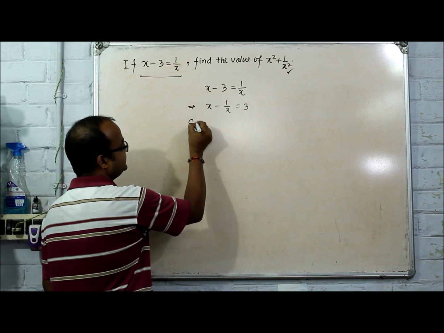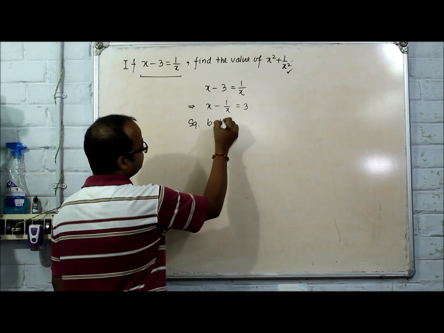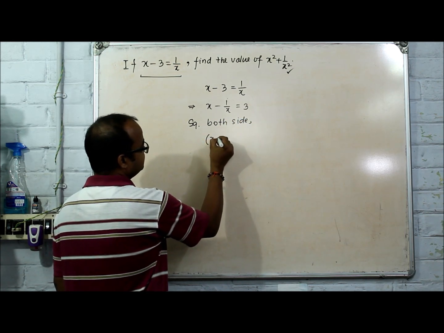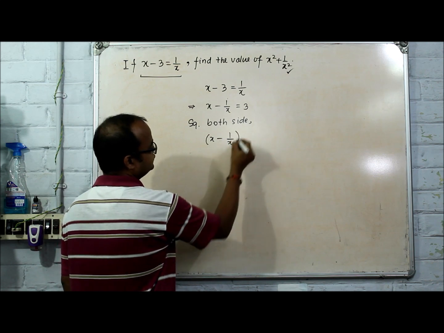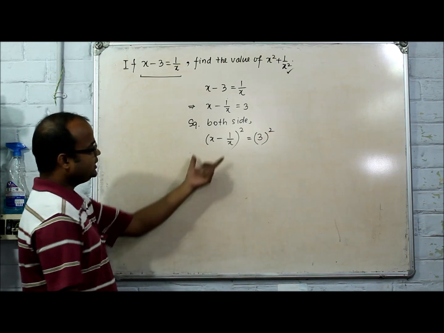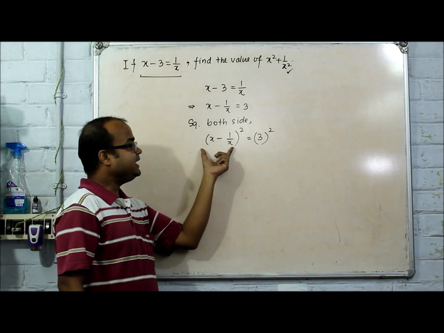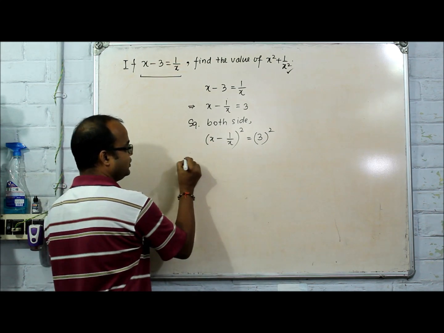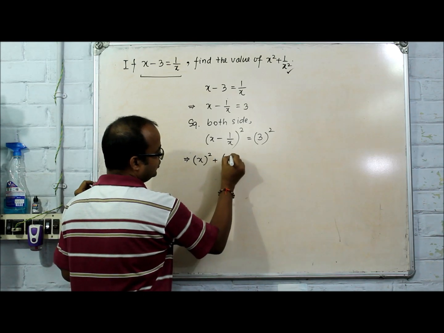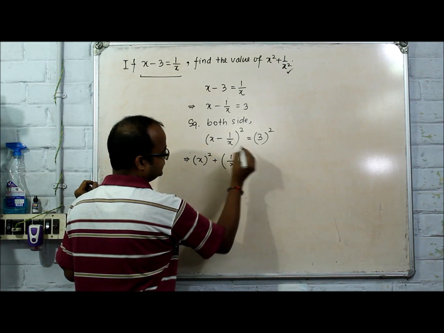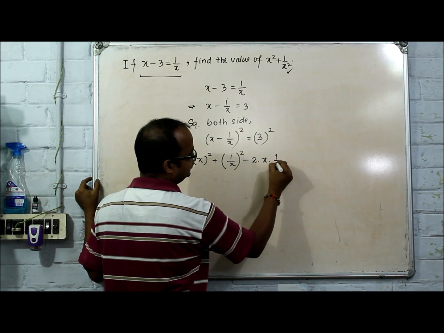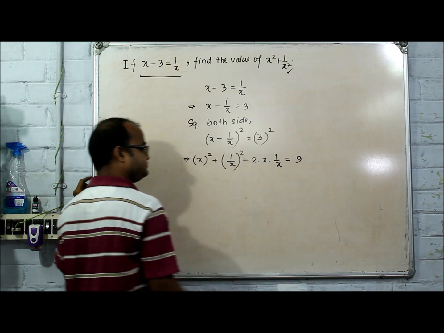Now squaring both sides. You will get (x minus 1 by x) square is equal to 3 square. Now here I am going to apply the formula of (a minus b) square. So the formula is a square plus 1 by x square, that is b square, minus 2 into a into b, is equal to 9.